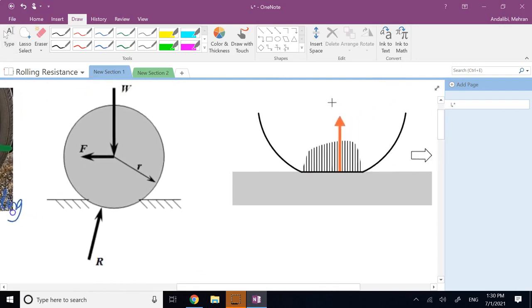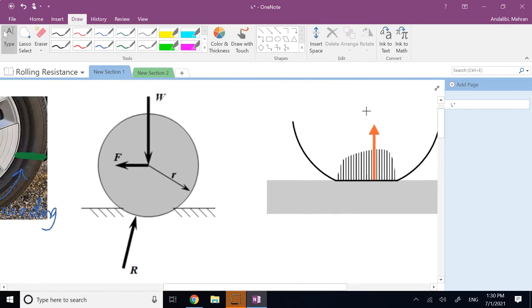There are a couple of other ways that you can explain that. One other way is this. When two objects are in contact, the matter of fact is none of these two objects are completely solid. There is no perfectly solid object in nature.